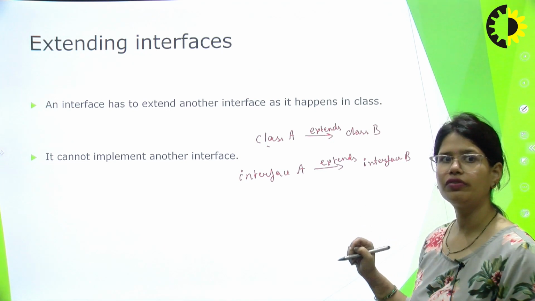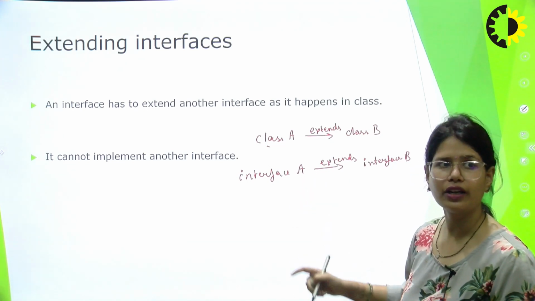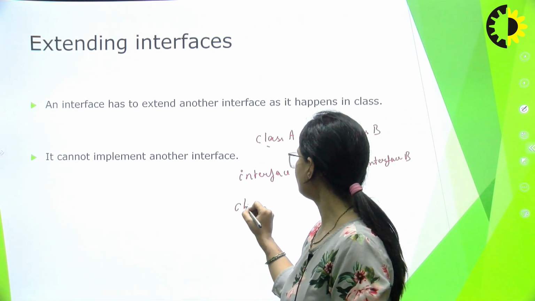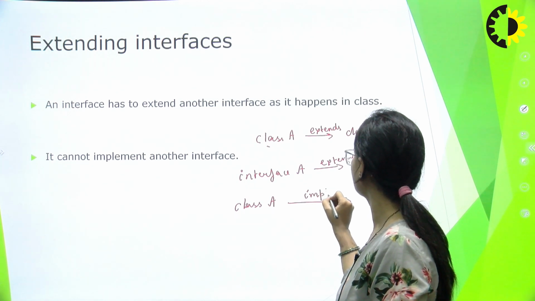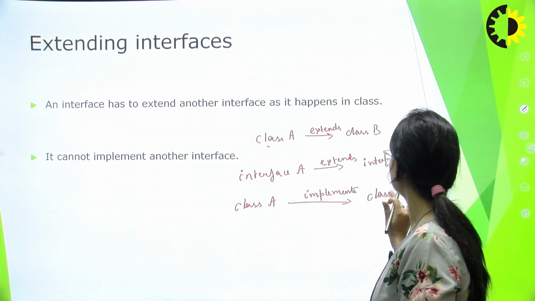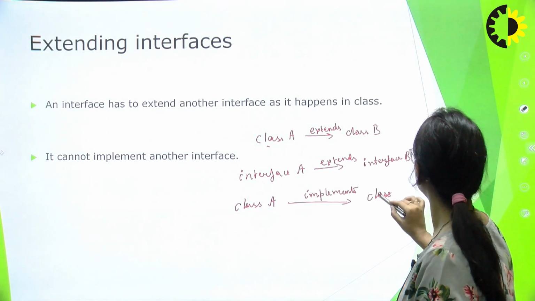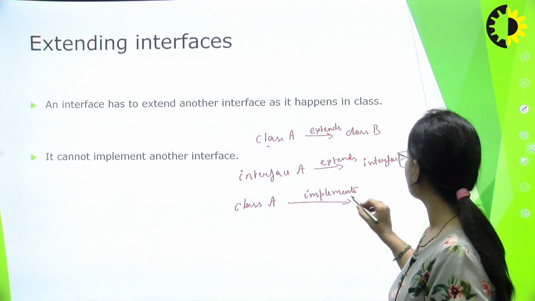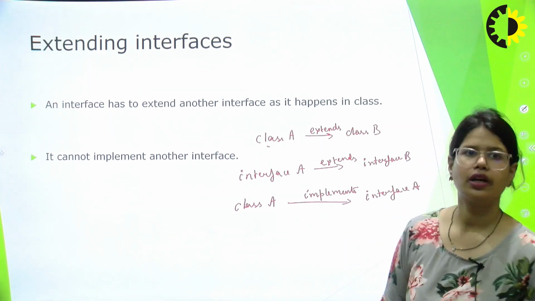But with the help of interfaces, we can achieve multiple inheritance. Now when we talk about the collaboration of class and interface, what a class does to the interface is implement it. Suppose class A implements interface A, right?